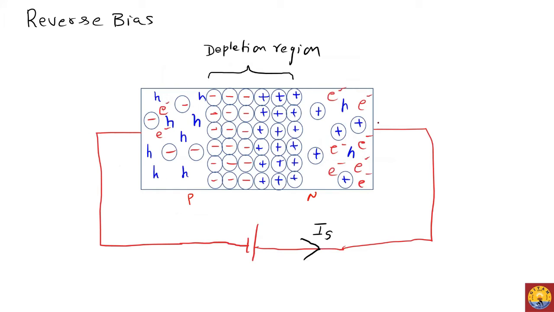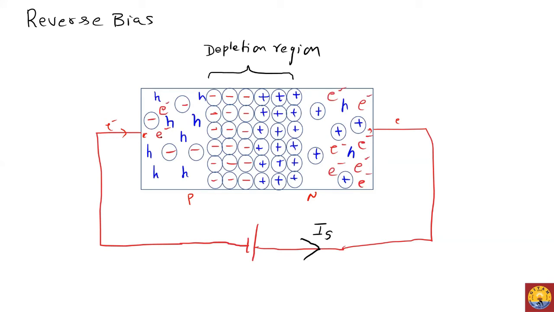So the electrons are pulled from the positive plate. Similarly, electrons from this plate move towards the p-type. The holes will recombine at this end, and electrons are taken away from this end.